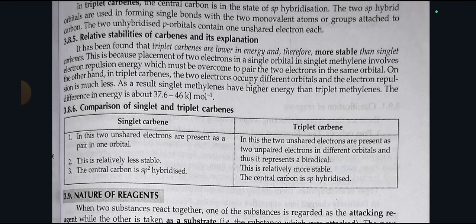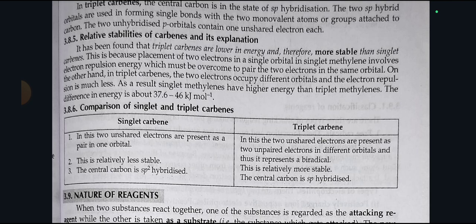3.8.5 Relative stabilities of carbenes and its explanation. It has been found that triplet carbenes are lower in energy and therefore more stable than singlet carbenes. This is because the placement of two electrons in a single orbital in singlet methylene involves electron repulsion energy, which must be overcome to pair the two electrons in the same orbital.